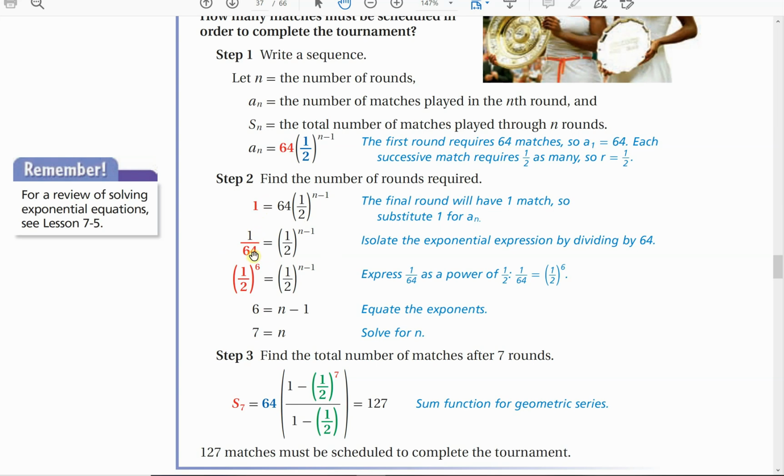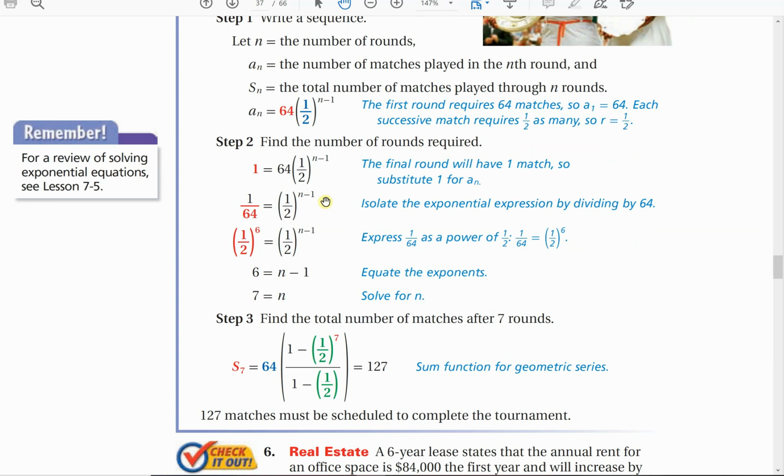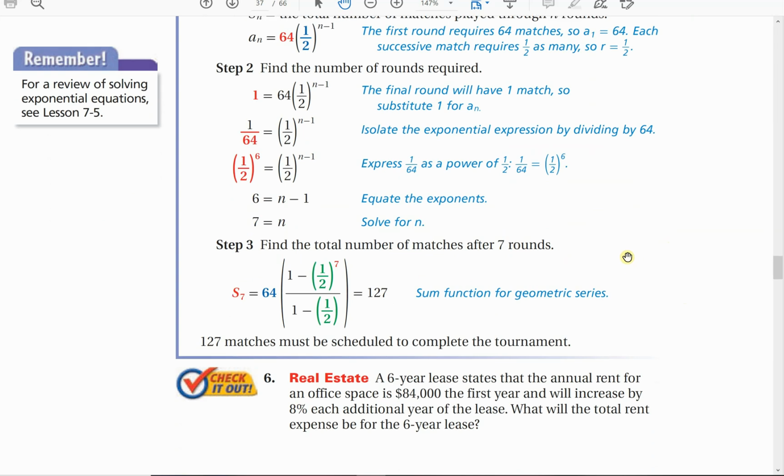So we get 1/64 equals 1/2 to the n minus 1. 1/64 is 1/2 to the 6th, so n minus 1 is 6, so n is 7. So we're going to need 7 rounds. And if we plug it all in, it's going to be 127 matches. So if there's 128 players, you need 127 matches. So that's it.